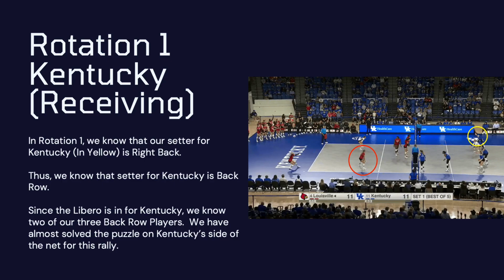In rotation 1, we know that our setter for Kentucky, who we have circled in yellow, is right back. Remember, our setter was just our prior server. The libero was in for Kentucky, so we know we have 2 of our 3 back row players, our libero and our back row server.